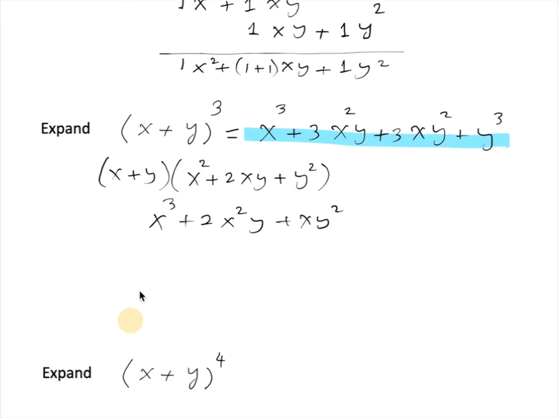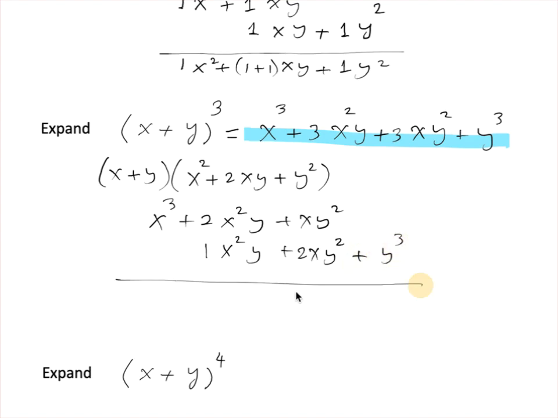Y times x squared is 1 x squared y. Y times 2xy is 2xy squared, and y times y squared is y cubed.